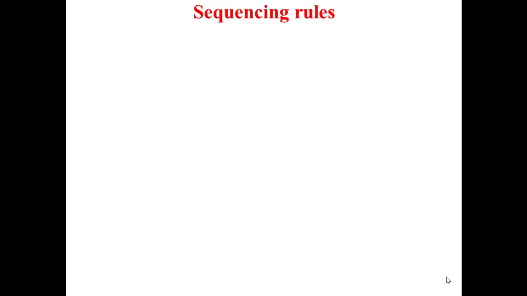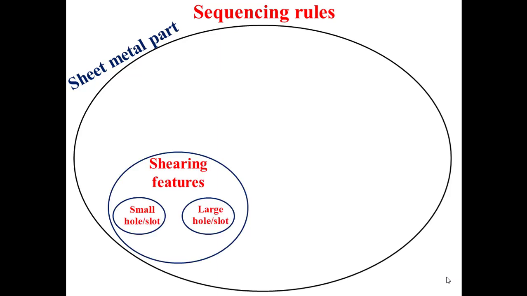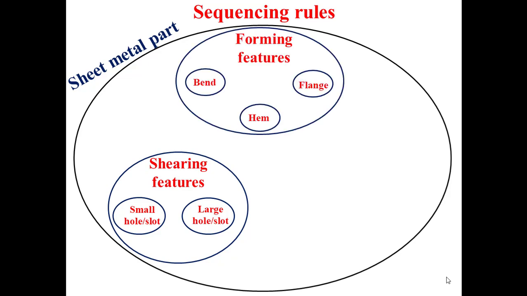Now I will talk about the general sequencing rules, and here if I consider a sheet metal part, of course this part will be constituted by sharing features, and you can notice that I differentiate between small and large holes and slots, and also we can have forming features, bands, hems, and flanges, and we can have drawing features.